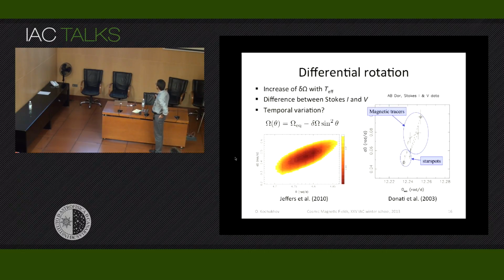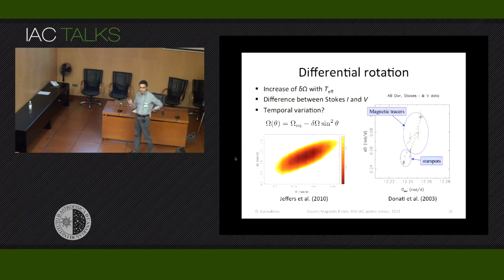What is interesting to note is that very often one sees a difference between the differential rotation inferred from modeling Stokes I, that is from modeling cool spots, and values inferred from modeling the magnetic field. Why is that? It's not clear at all. Furthermore, there have been observations suggesting a temporal variation of differential rotation.